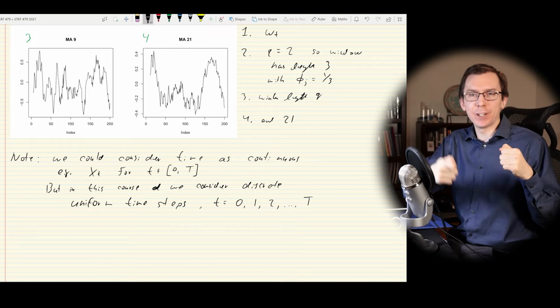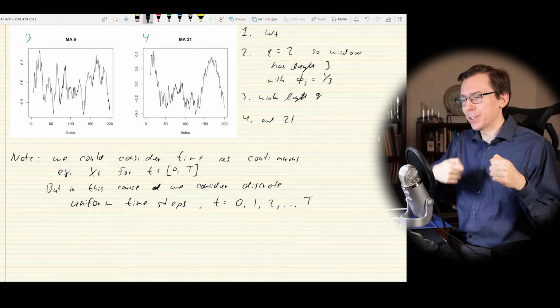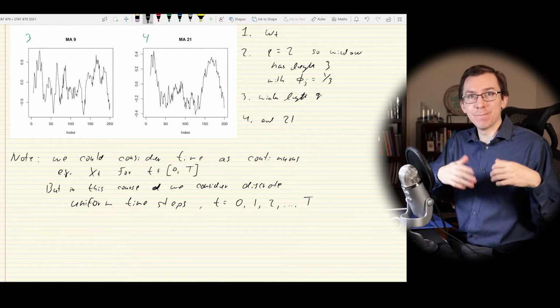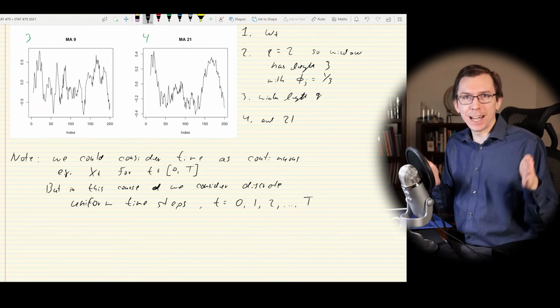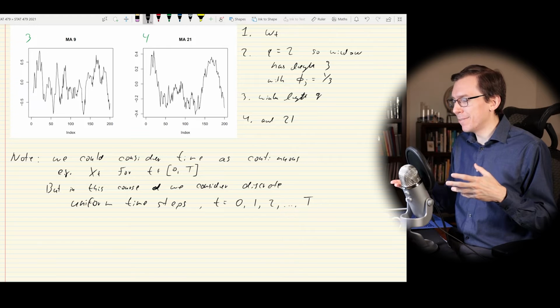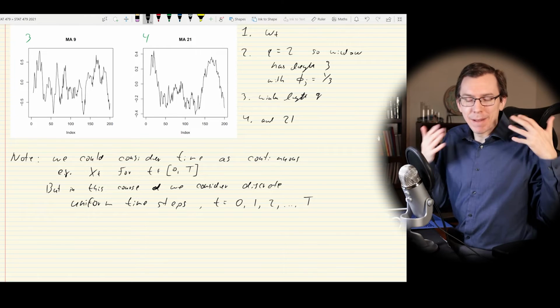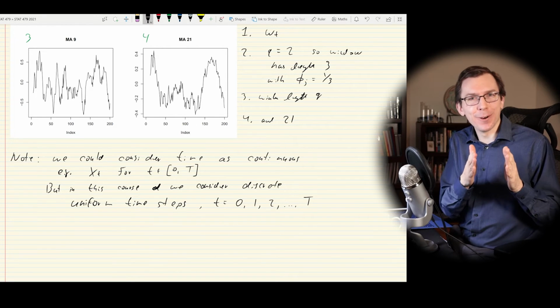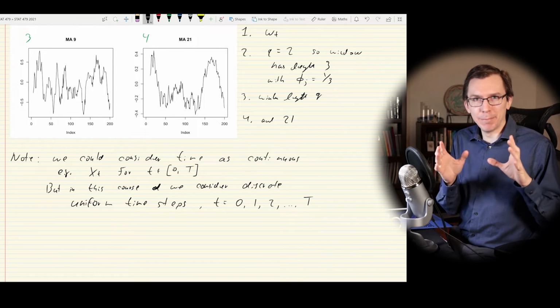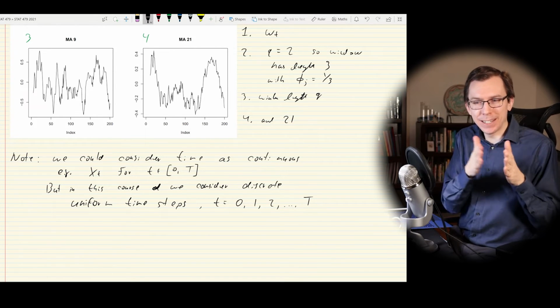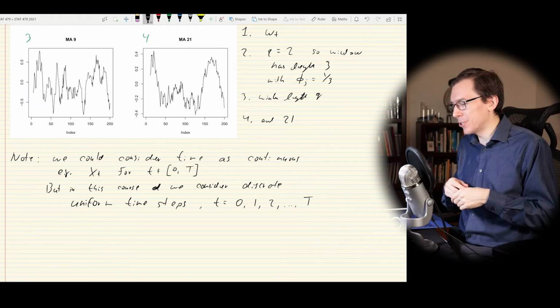So a process is measured every day. It's measured every week. It's measured every month. It's measured every second. But it's always measured at a uniform time step, because you can have time series data which you can imagine in practice is going to be measured at irregular time steps. Maybe there's going to be a big chunk of time missing. Maybe it's just going to be a bit chaotic when it's measured.